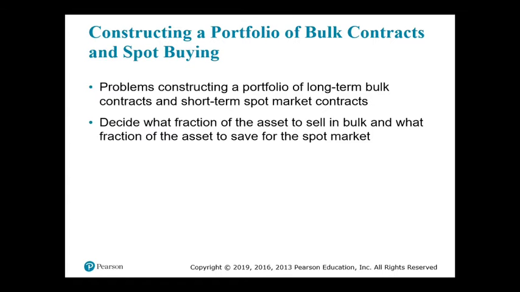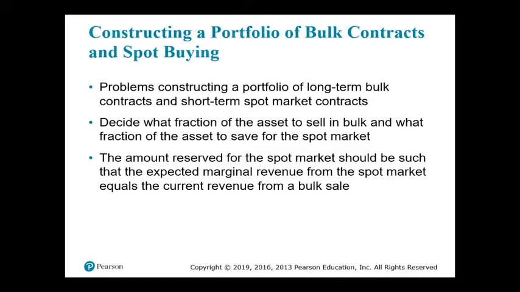So for the buyer, the decision is what fraction of the anticipated demand to purchase from the long-term bulk contract. If we allocate more demand to the long-term bulk contracts, then we might run the risk of running out of capacity for the spot market, which has a higher profit margin.